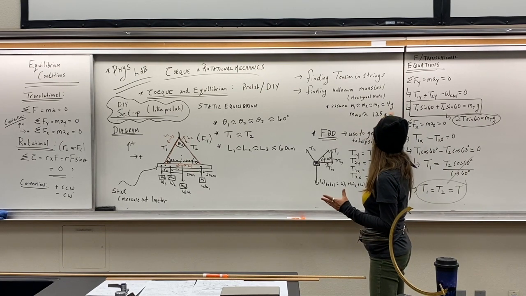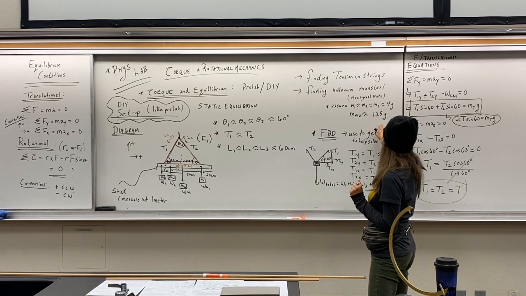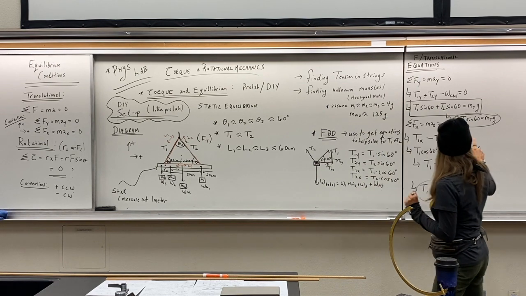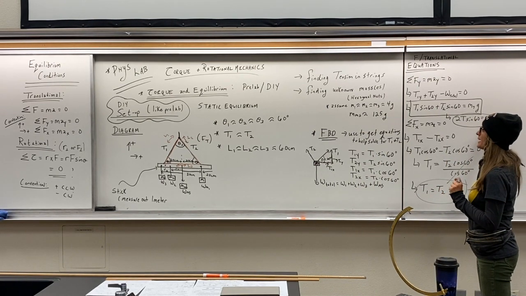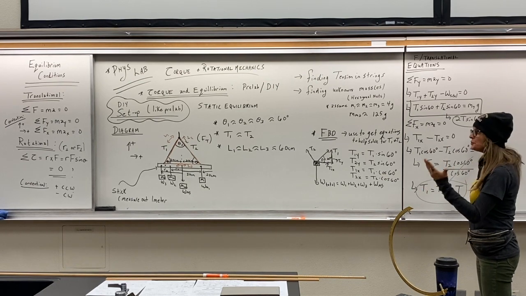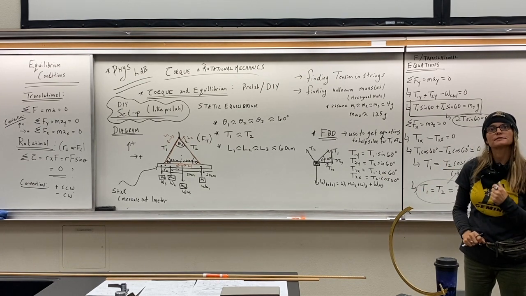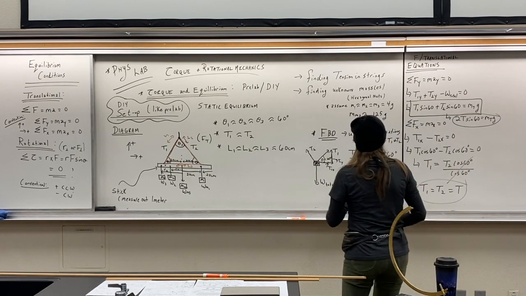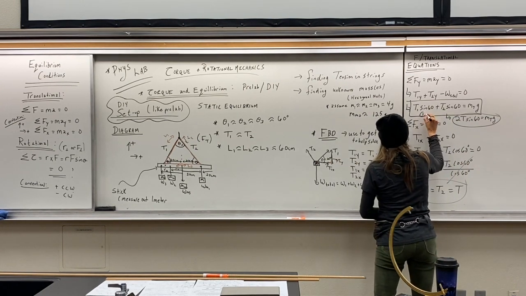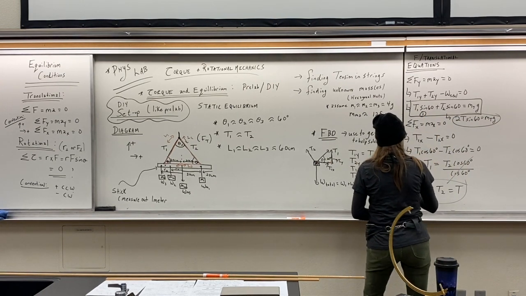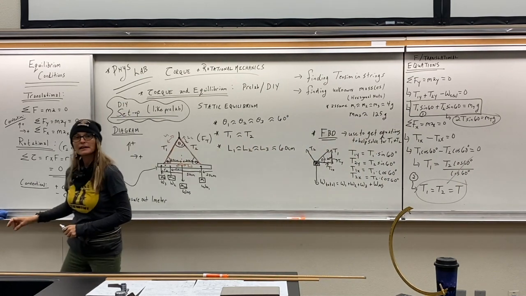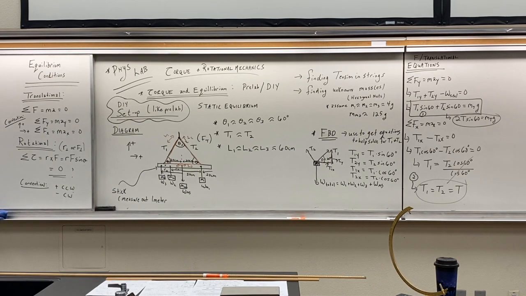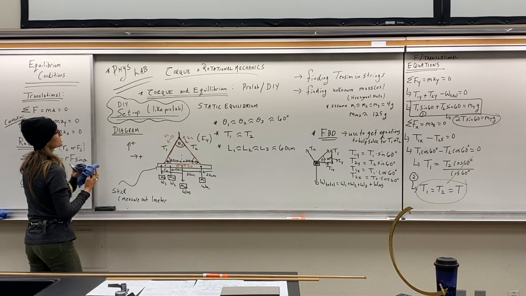It might not be given to you, and you might have to find it. That would make this part unknown in this equation, and we could use what we know from our torque setup to find that as well. So here's one equation, here's a second equation you have, okay. And let's see how we could get another equation using our knowledge of torques.